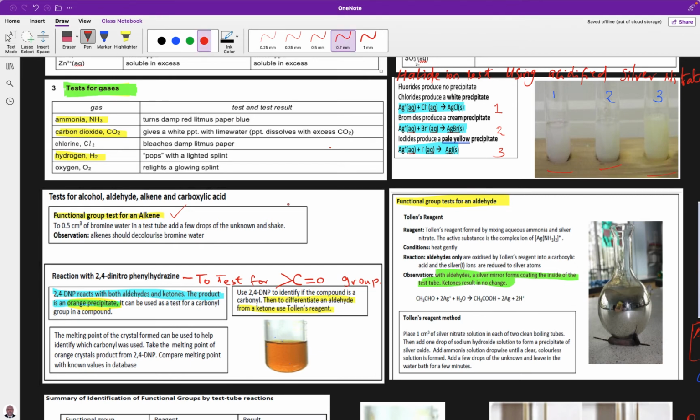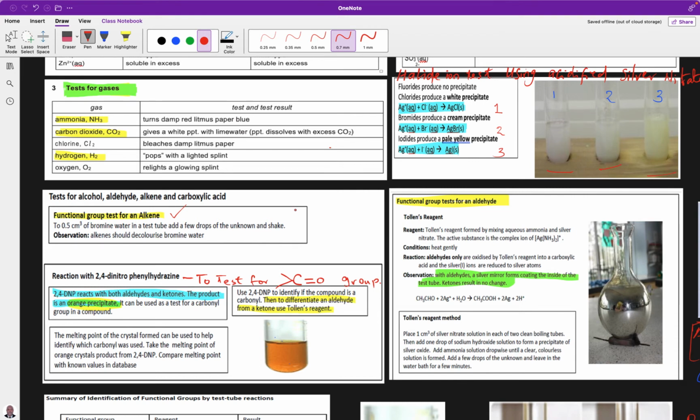Test tube 1 has an alkane, test tube 2 has an alkene, and test tube 3 has an alcohol. Then we add bromine water into these 3 test tubes. Test tube 1 will have no reaction. In test tube 2, there will be a reaction. There will be a decolorization of the bromine water, indicating a reaction has taken place.